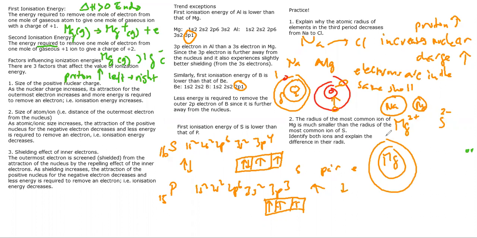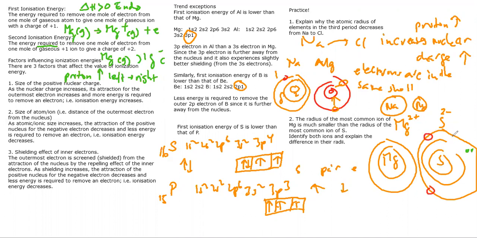for example, I'll just draw the outer shell. The size of Mg is smaller than the size of S, because in S you have the newly added electron. Let me write this one in red.